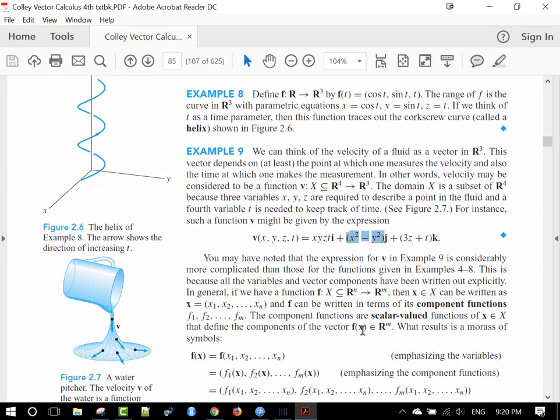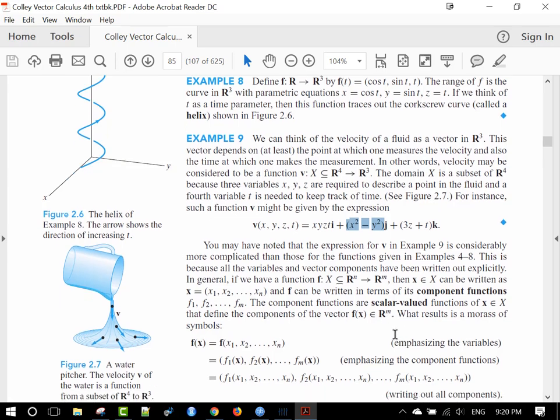So what's going on here? So this is the situation. We have a vector valued function, bold f, with vector input. These represent the inputs, and the output is a vector.